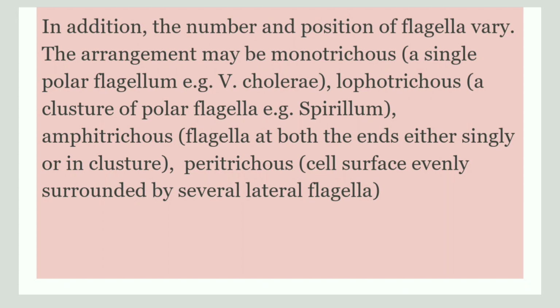The number as well as the position of a flagella varies. Based on the arrangement of flagella, there are different types. One is monotrichous. A single polar flagellum is called monotrichous. Next is lophotrichous, in which a cluster of polar flagellum is called lophotrichous.